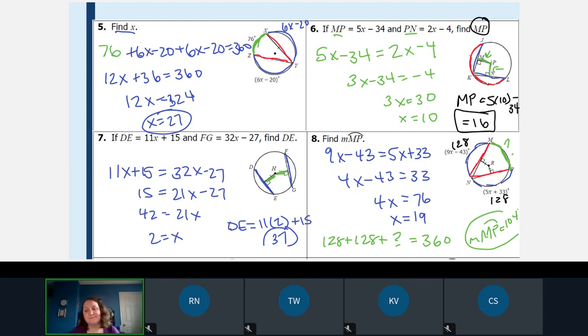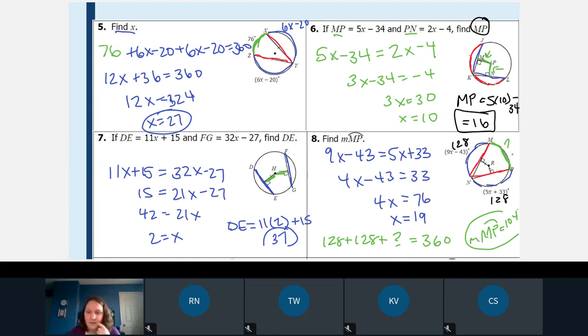Ooh, here's a good question. What's the difference between length and measure? Measure is how many degrees it is, and length is how long it is. So measure is in degrees. How many degrees is it? I just turned 90 degrees. That's a measure. Length is if I were to walk along that line, how far did I go?